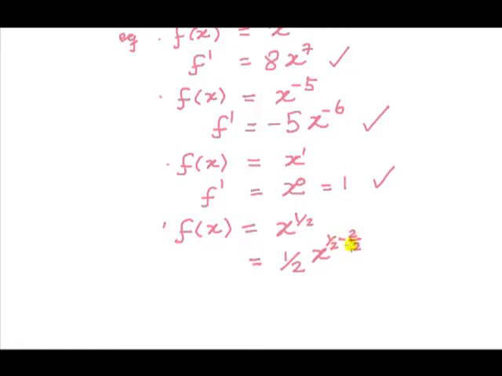Minus 2 over 2 is the same as 1. And once we've got a common denominator, the numerators can be subtracted from each other, divided by the common denominator, and that gives us minus a half. Right, so that's another rule.